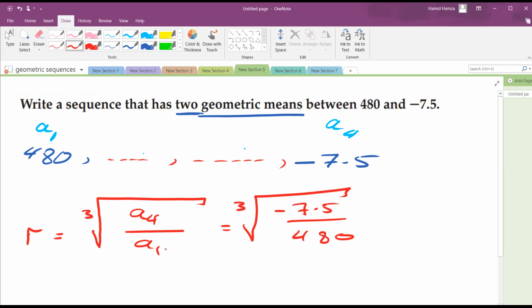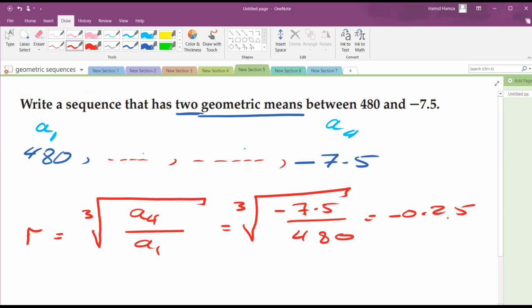So we wanted to find this. Can someone calculate this for us? Negative 0.25.